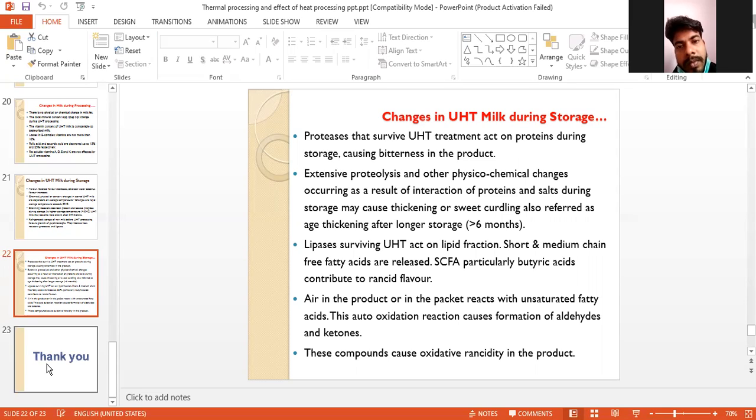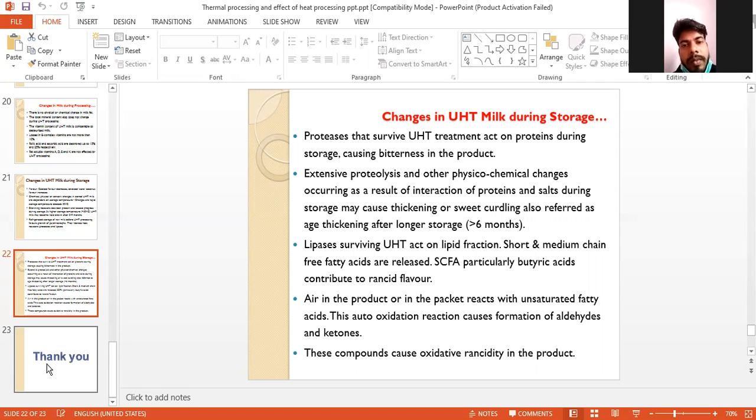But sometimes you can observe that when we collect the milk from the shed or from other sources and keep the milk on heating, you get immediate coagulation of the milk. That is sweet curdling.